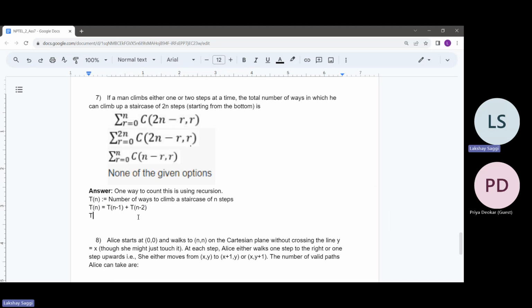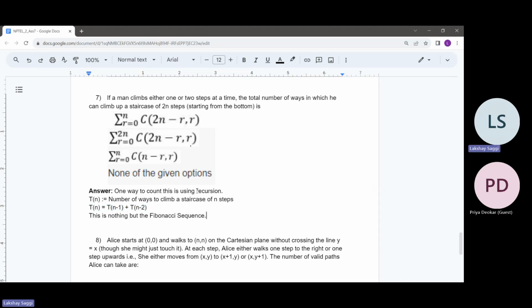We know how to solve this recurrence. And this recurrence is special: it is the Fibonacci sequence, a sequence of the form A of n equals A of n minus 1 plus A of n minus 2.